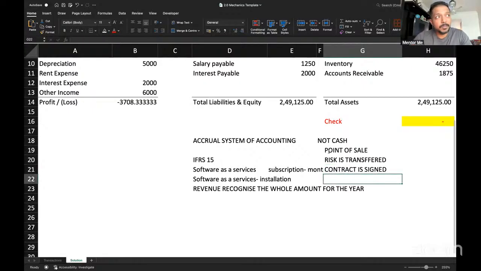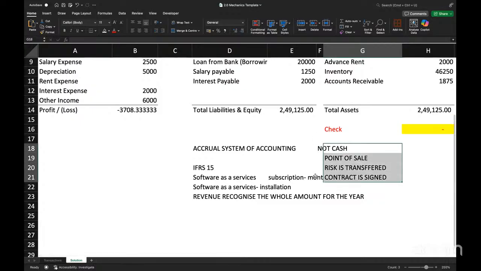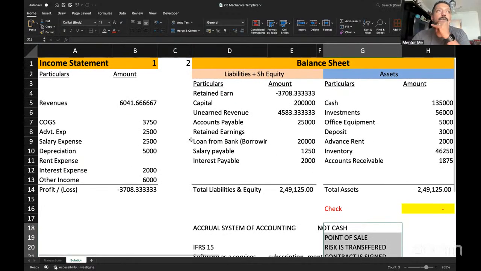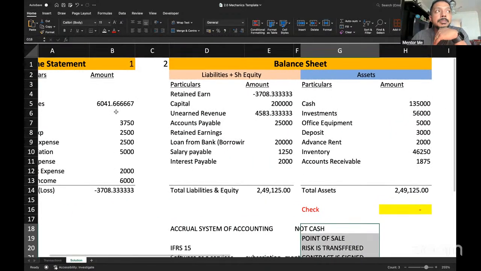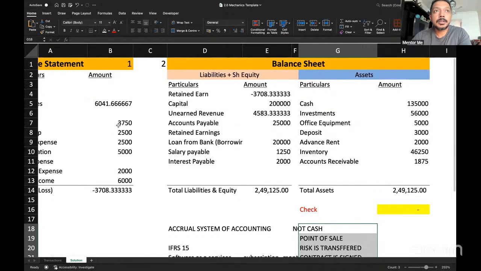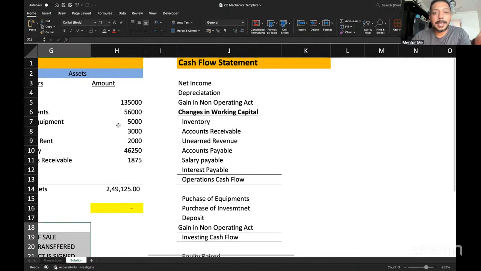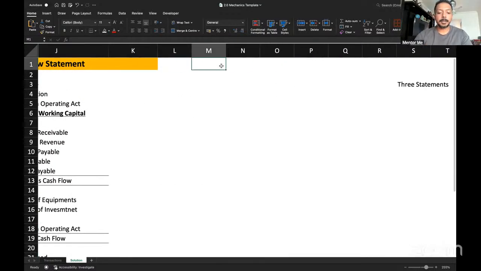There can be various situations. So whenever we are looking at revenue, we don't know whether this is cash. And remember, valuation of a company is not done on the income statement. Never. Because this is not cash. Valuation is done on cash flow, or more precisely, free cash flow.